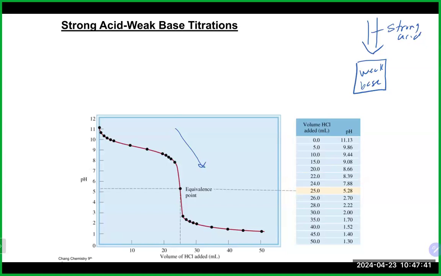There are still, not surprisingly, the same 4 spots: before you begin, before the equivalence point, at the equivalence point, and then past the equivalence point.